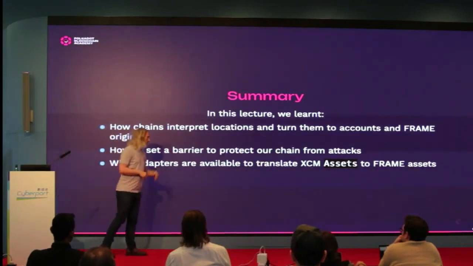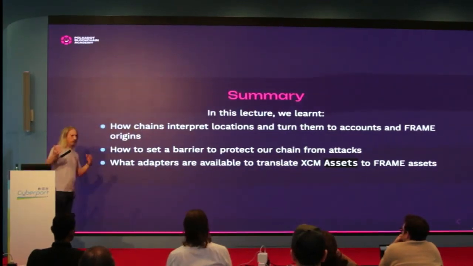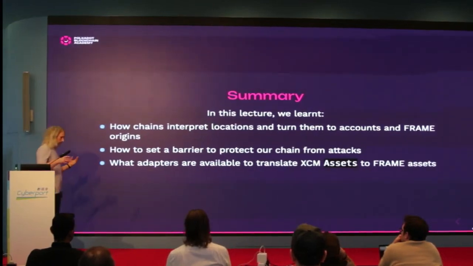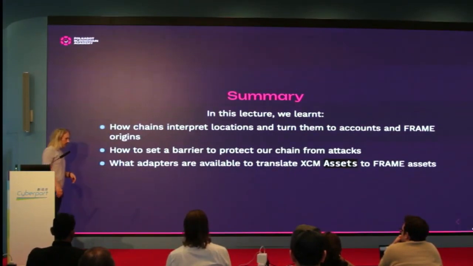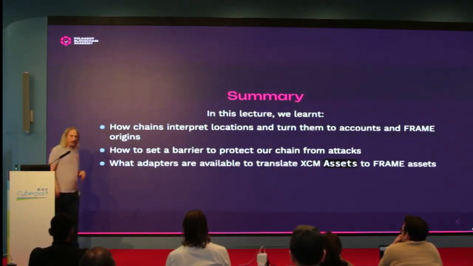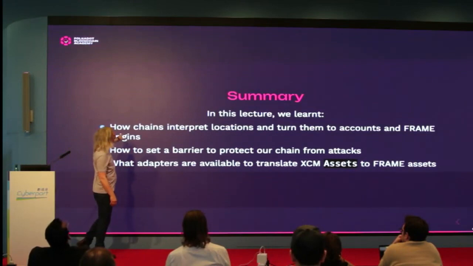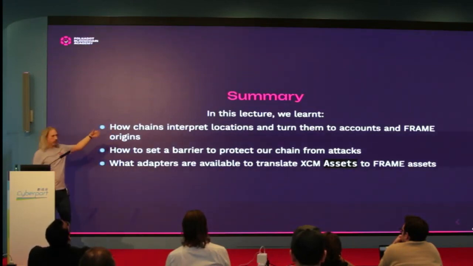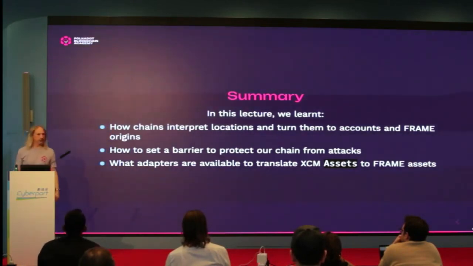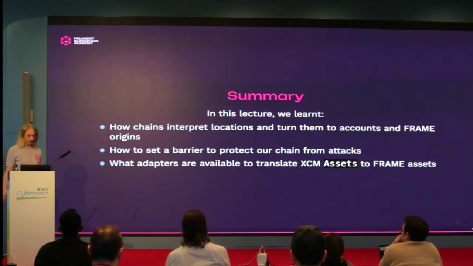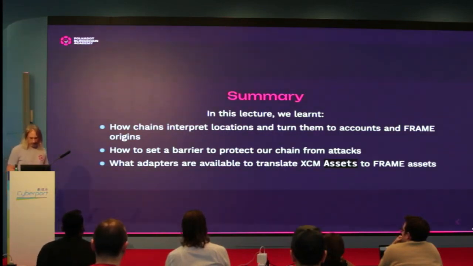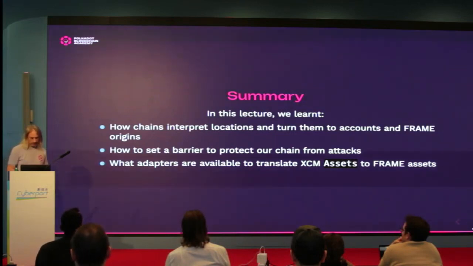You've seen now one of the ways that you're going to have your FRAME configuration be adapted for an XCVM configuration, so it can be used by the XCVM. And you've got a reasonable idea now about a particular use case and seen the sort of code that you have to write in order to make two chains be able to use each other. Good. That's everything for this one.